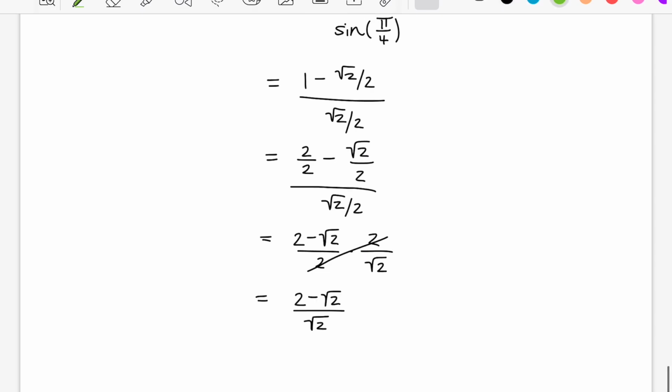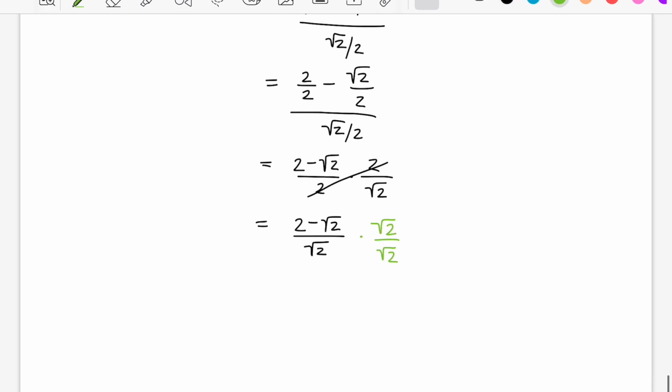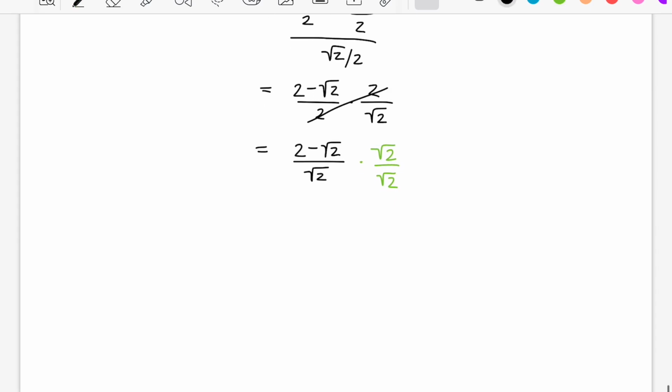And like I said, we always want to rationalize our denominator. So we'll multiply the top and bottom by root 2 over 2. Doing so, this will give us 2 root 2 minus the square root of 4 in the numerator, just multiplying this to both terms here, all over the square root of 2 times the square root of 2, which is the square root of 4.